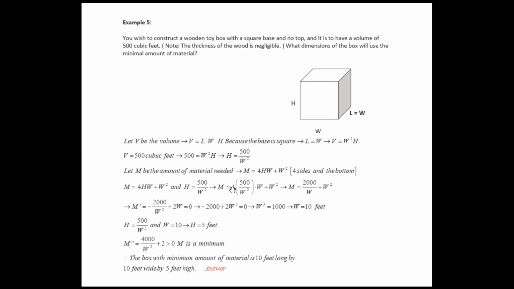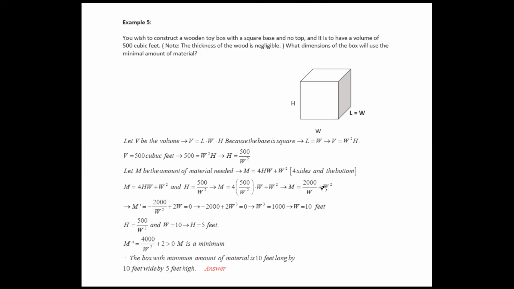Let's go ahead and multiply before we take the derivative. 4 times 500 is 2,000, and W times 1 over W squared is going to leave us just a W in the denominator, plus W squared. Now we'll take the derivative of this. Remember, this is 2,000 W to the negative 1, so when we take the derivative of W to the negative 1, it's going to be minus 2,000 W to the negative 2, or negative 2,000 over W squared.